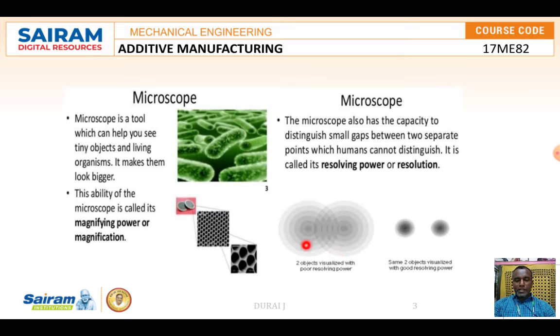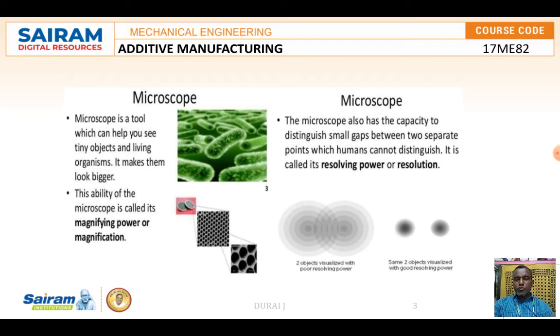If you see the two objects over here, with very poor resolving power it will look like this. But with good quality resolving power, the objects can be seen like this. So even small particles can be magnified with the help of the lenses, and we can view those particles larger like this.